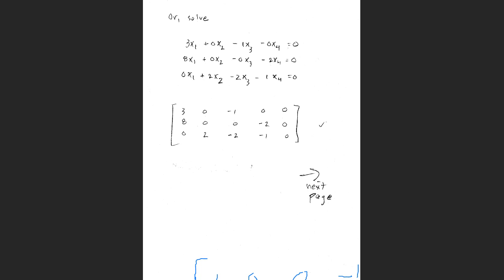Excellent, Eleanor. That's right, Nafoni. And of course, now we can figure out, so x4 is going to be free, and then we can figure out the value of x3, x2, and x1 right from our reduced row echelon form matrix.